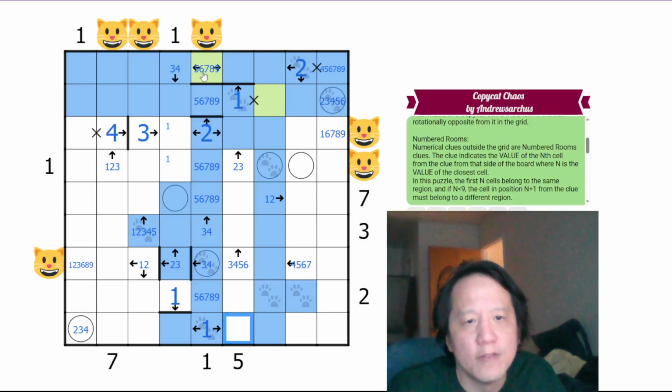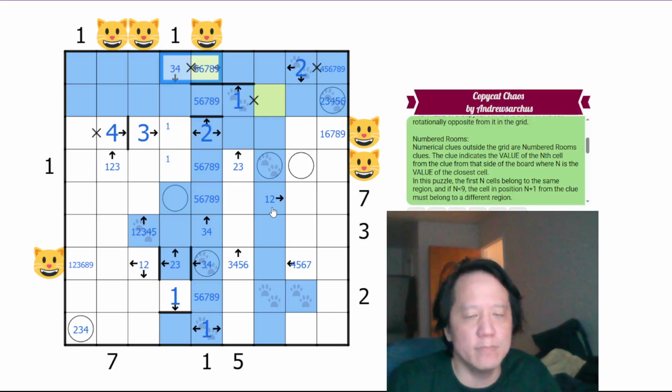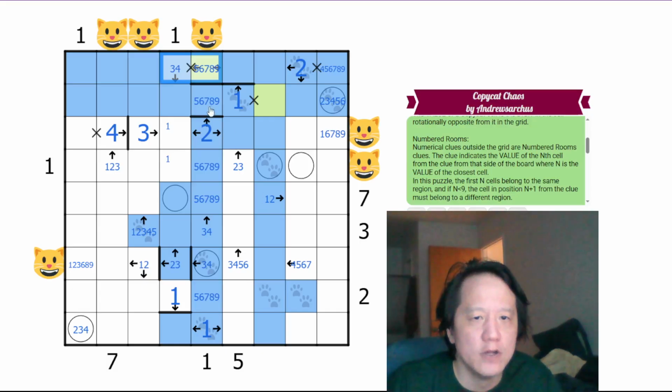Ah, this is a copycat cell. It cannot be part of either of these. This is one region here which has a copycat cell. So this has to necessarily go out this way. So this is necessarily not a region border. These are not part of the same region.